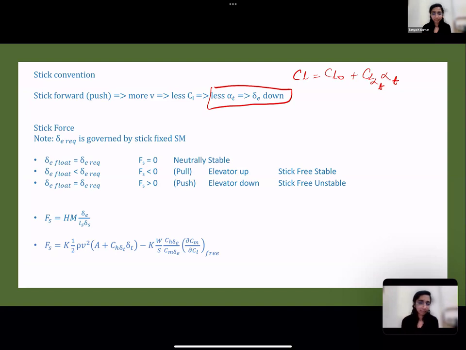We just discussed this. Try and tell me. Either speak up or put it in writing. Anything is fine. If I deflect my elevator down, that is positive elevator deflection, how does it ensure less alpha tail?